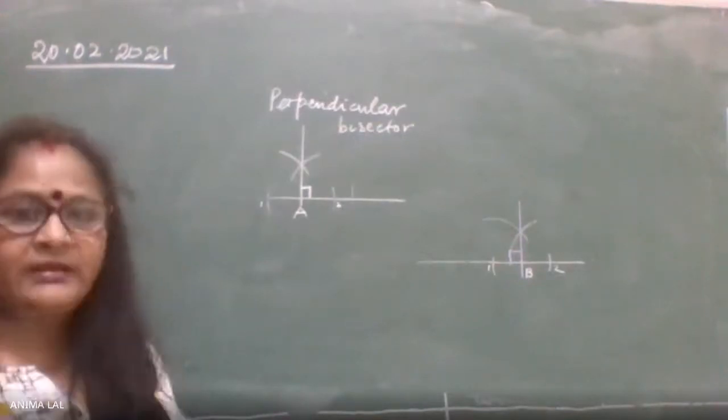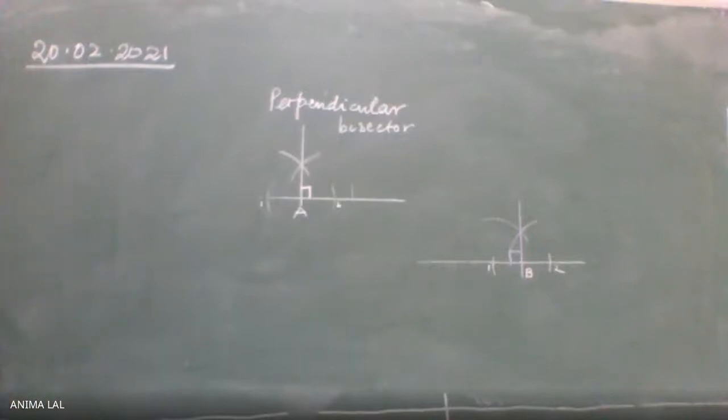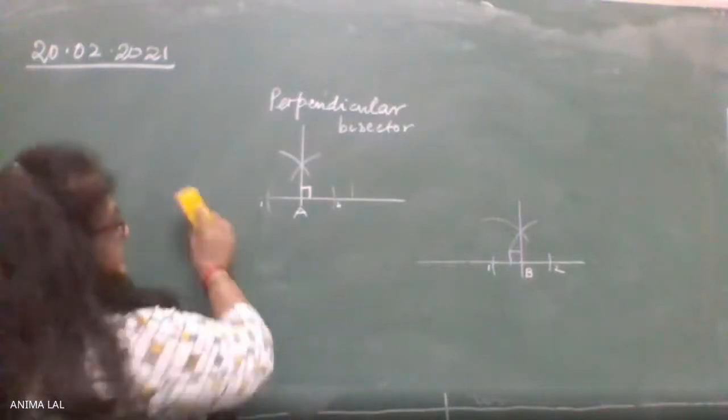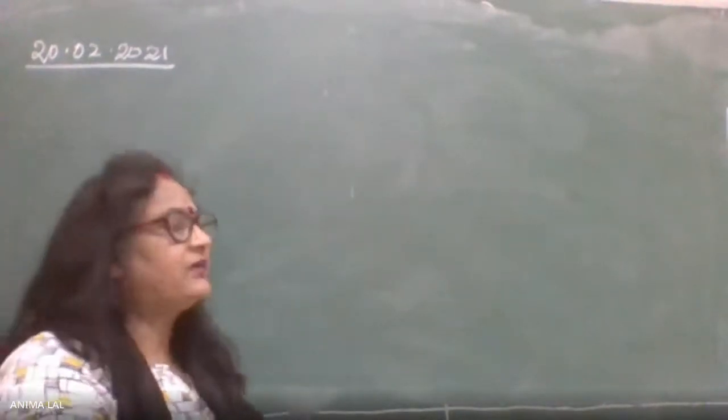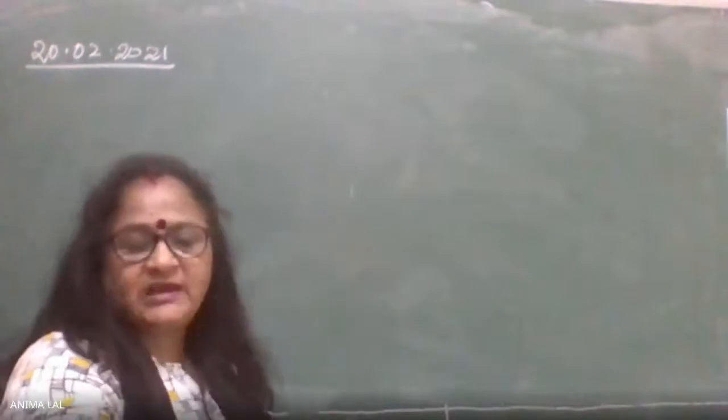Now I'll show you another method of drawing a 90-degree angle using the big arc. Now this is also easy because we are not going to change the radius of the compass once we start constructing the angle.